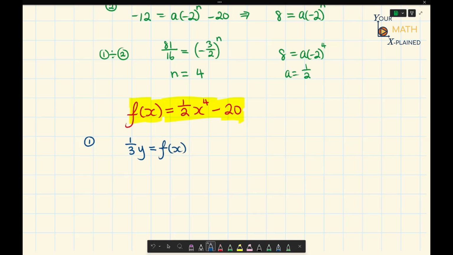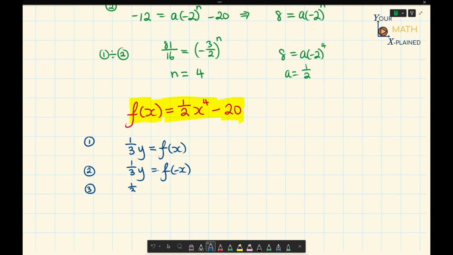f of x. The second transformation was to reflect it in the y-axis. So that means we replace x with -x. So we get 1/3 y is equal to f of -x. The third transformation was to horizontally stretch by a factor of 2.